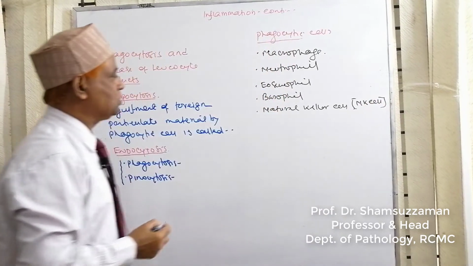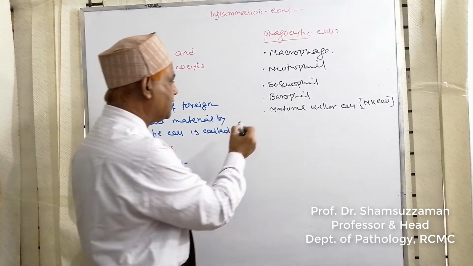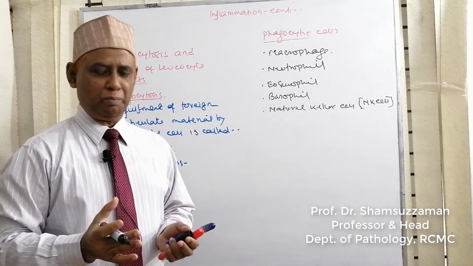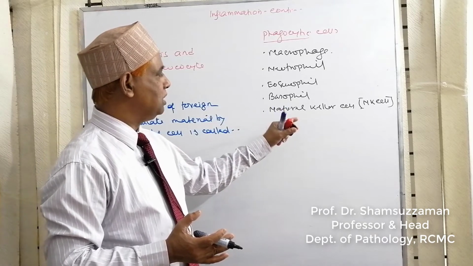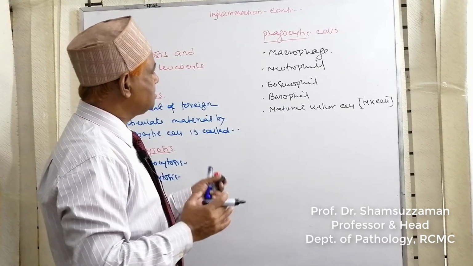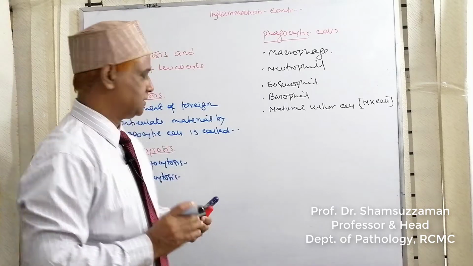Dear audience, these are the phagocytic cells. Natural killer cells, although they do not engulf the foreign particulate material, are associated with lysis of the cell. Although associated with lysis of the cells, they are still under the heading of phagocytic cells.